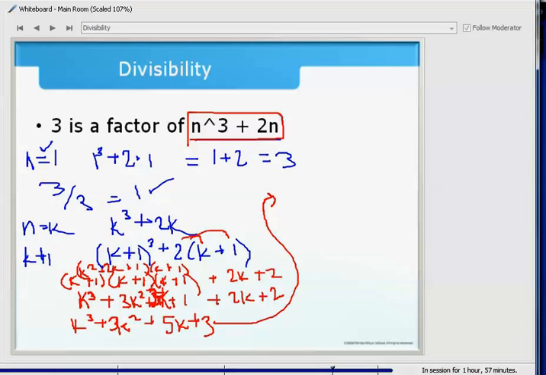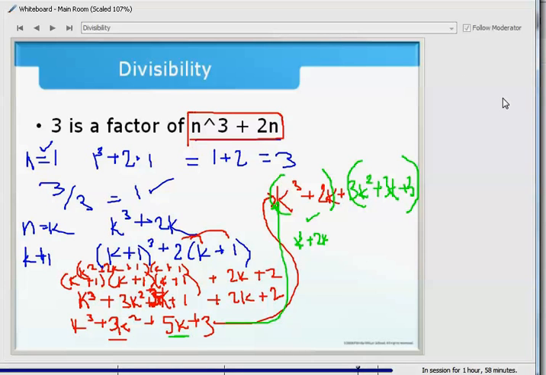If I break it down to my original, which was k cubed plus 2k, then I'm left with 3k squared plus, if I take 2k away from here, 3k left, and I still have 3. So these two statements are equivalent. I just broke them up into two different statements so that you can see that this is the original, and this is the second part that we've added on.